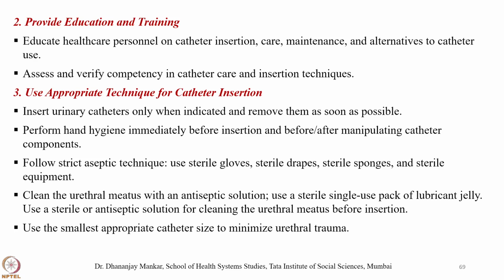Clean the urethral meatus with antiseptic solution. Use a sterile single-use pack of lubricant jelly while inserting the catheter. Use a sterile or aseptic solution for cleaning the urethral meatus before insertion, which is very important to emphasize in the training part. Whenever you are giving training, try to see that all these points are covered.